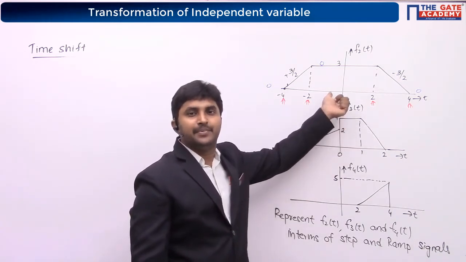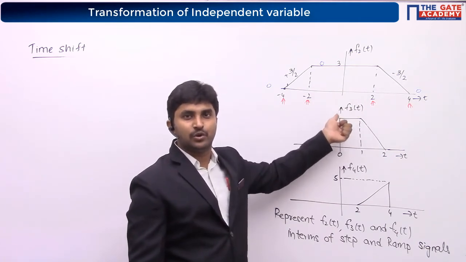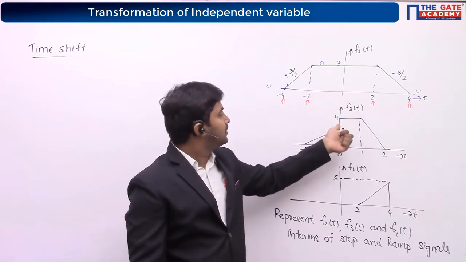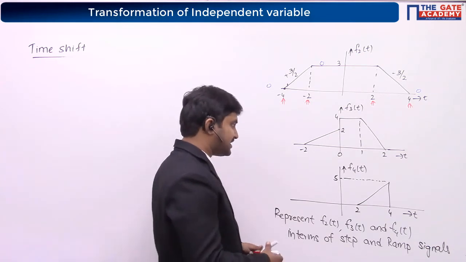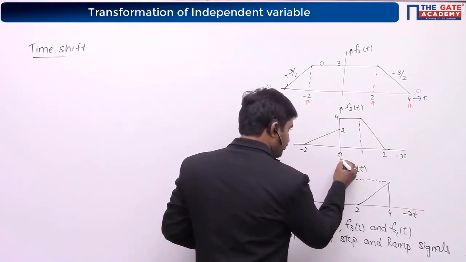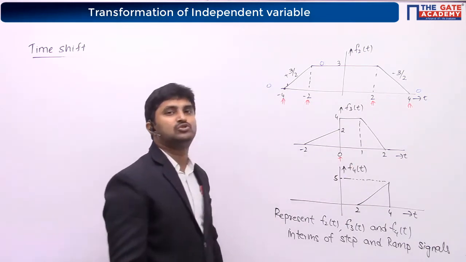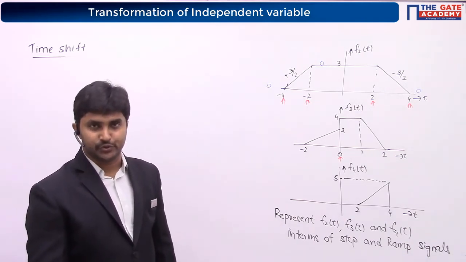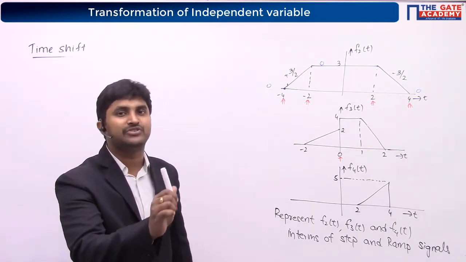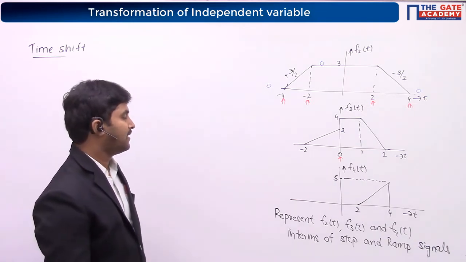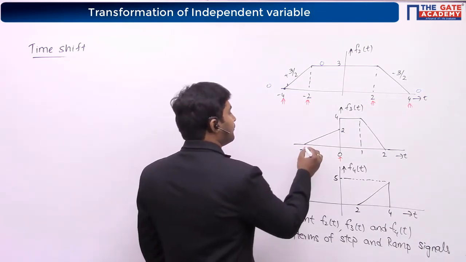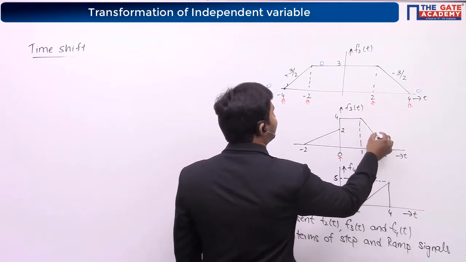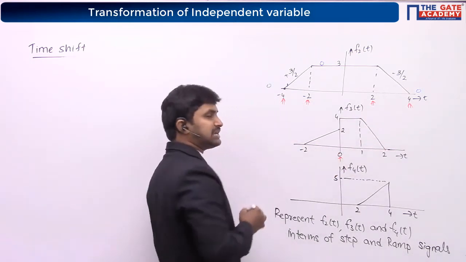Yes or no? So it means that at t is equal to 0, there is a sudden increase in the value of amplitude. It means that there is a step present in that signal. Apart from that, we don't see any particular point where there is a sudden increase or decrease in the value of amplitude.